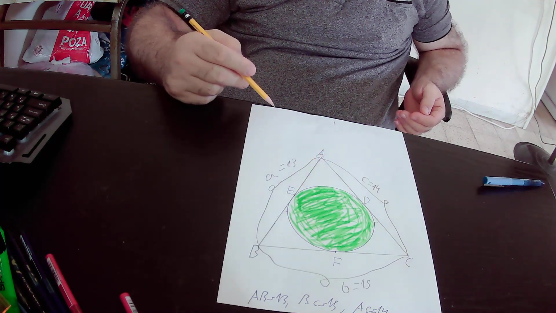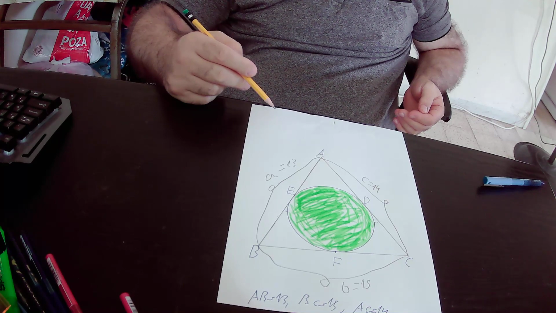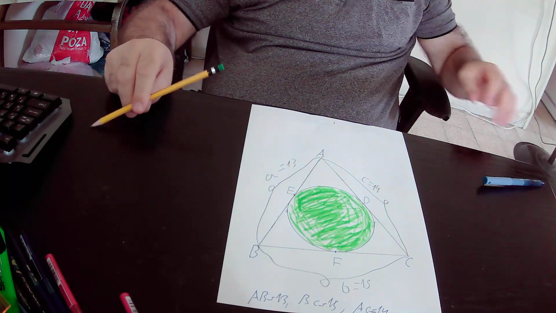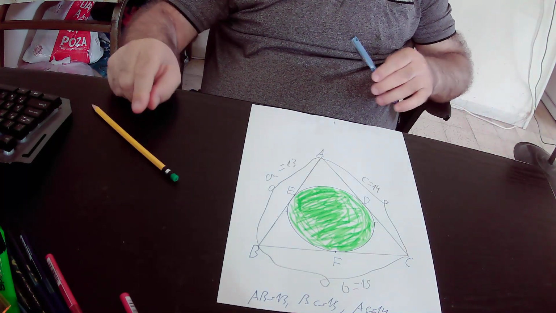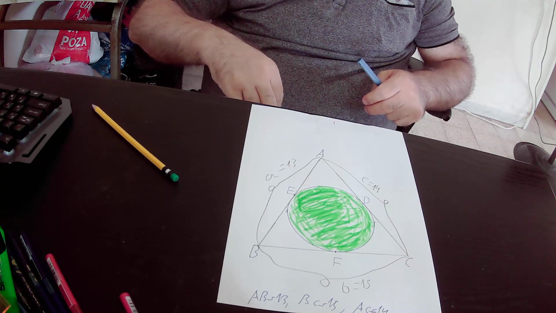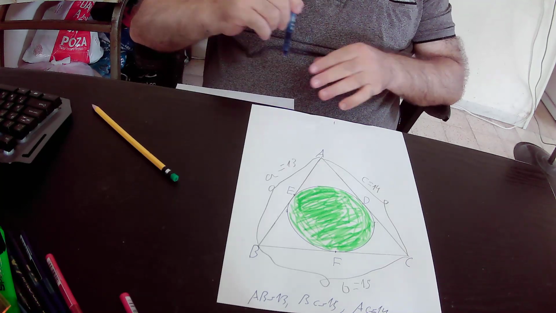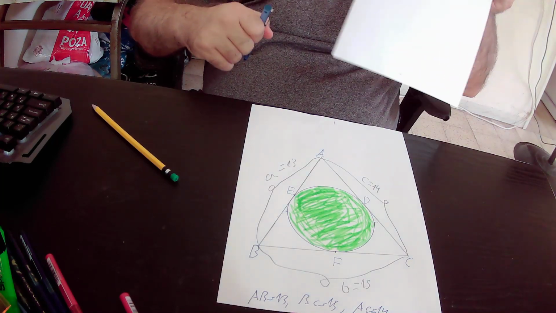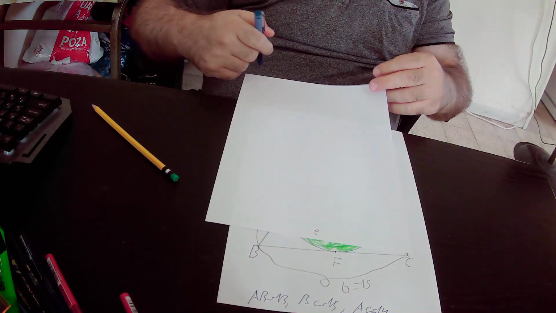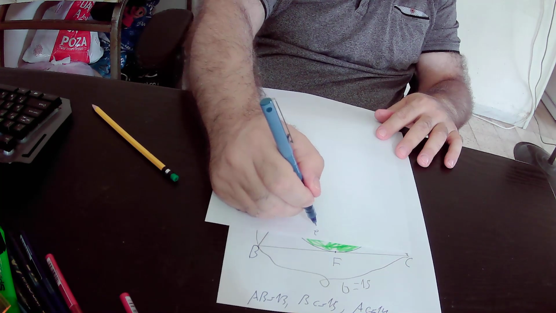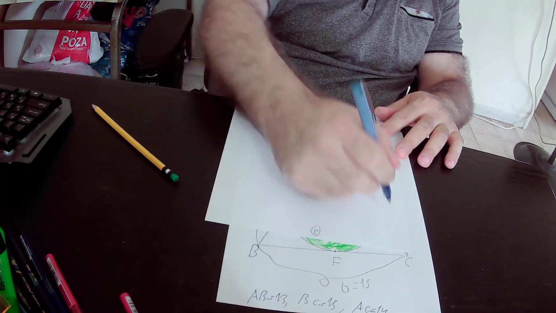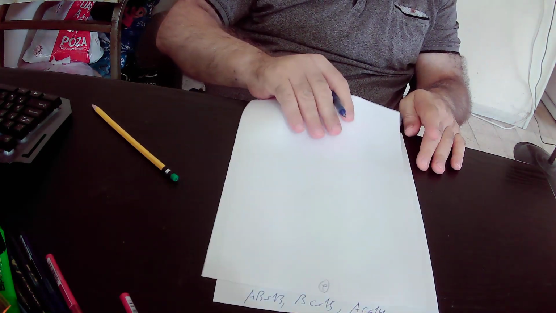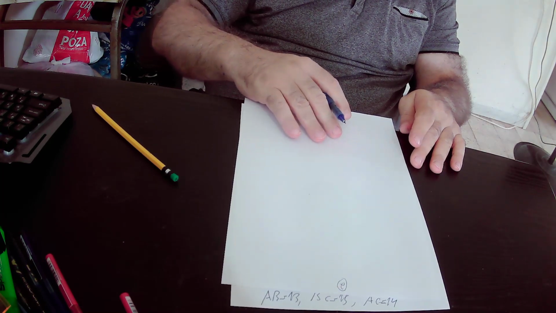So first of all, we will define a new term. The term that we will define is the semi-perimeter of a triangle. So, what is the semi-perimeter of a triangle?